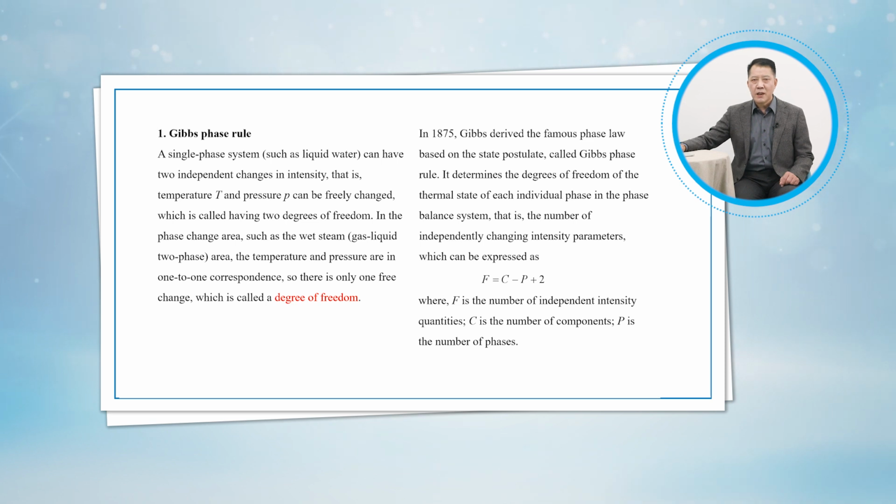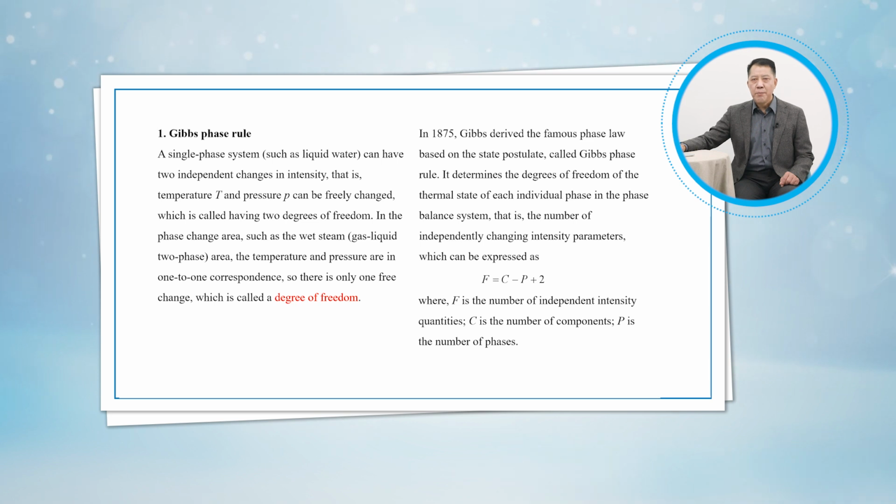If we have water in a state with two phases in equilibrium, like a liquid-vapor mixture, then we get C equals 1 and P equals 2, which gives 1 degree of freedom, using equation 563.